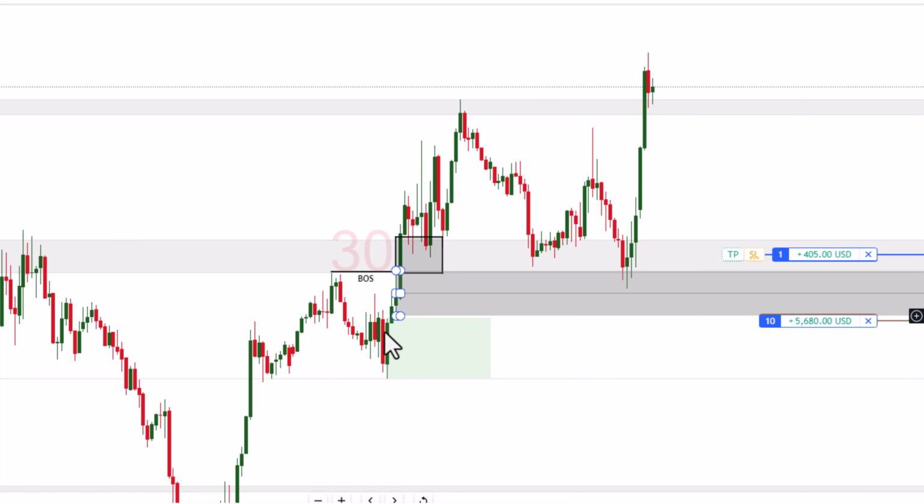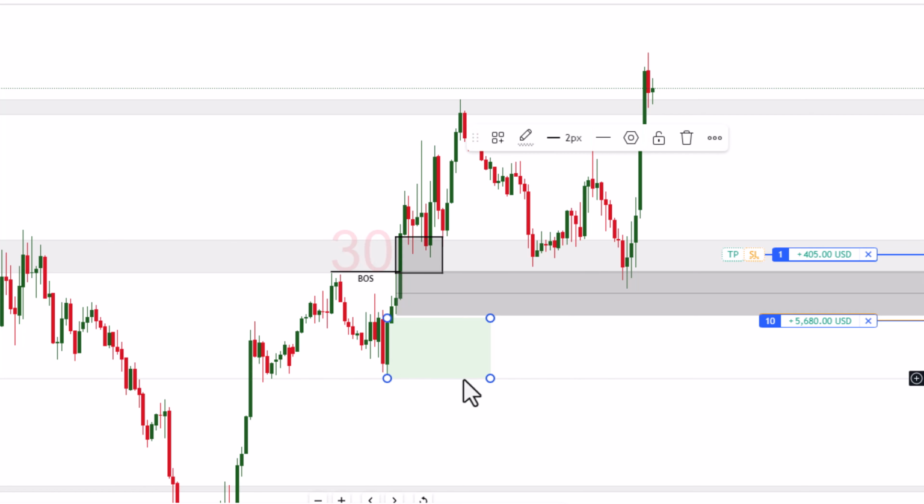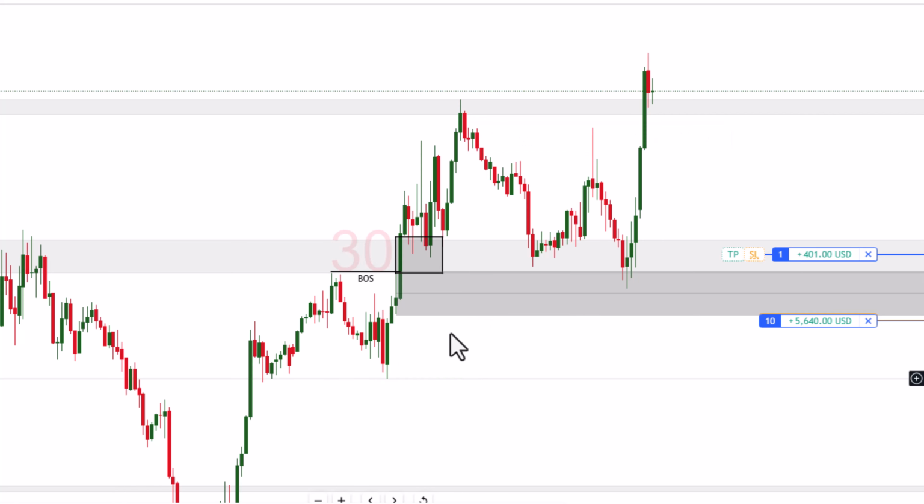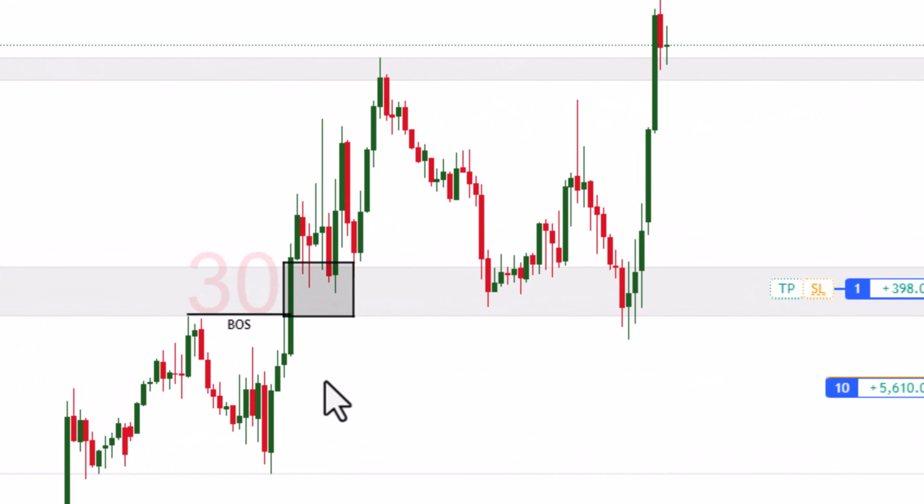So I think price coming back into this zone will be nice. But to me, most of the time I don't really use the order block that did not create an imbalance. Despite this being the last low, it's not the last low that actually created an imbalance. This right here is the last low, this candle right here. So let me just go ahead and remove this. This candle is the one that actually created that imbalance.